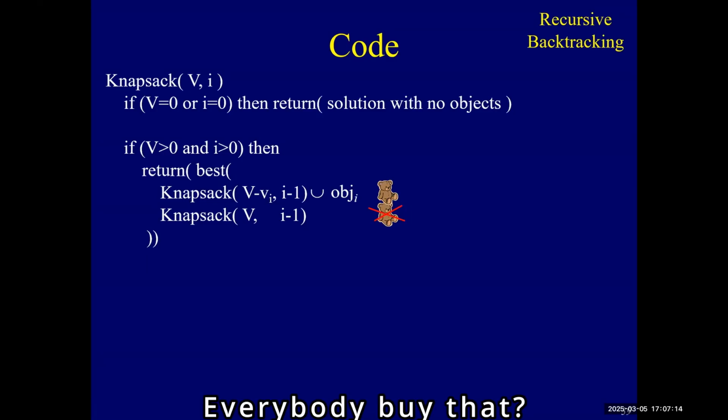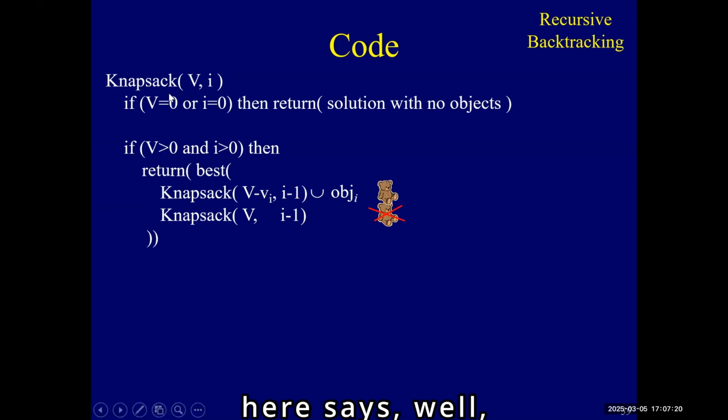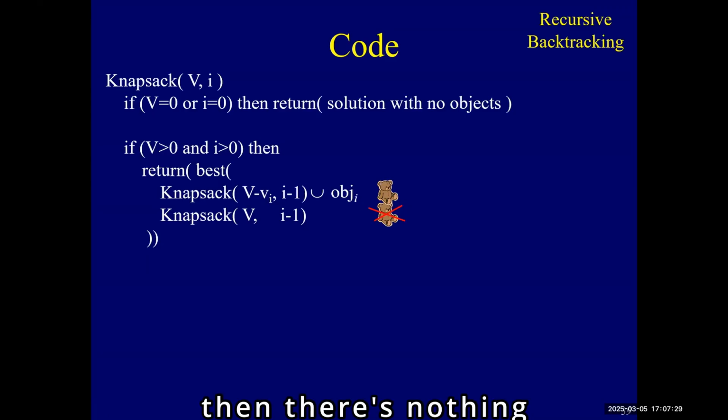Right? Everybody buy that? Whatever best means, right? Best profit. And this one up here says, well, if the knapsack has no more space or we have no objects, then there's nothing to put in, right? Everybody good?